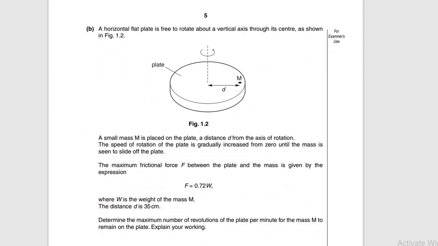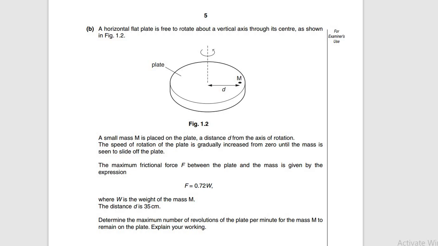We have a horizontal flat plate free to rotate about the vertical axis through its center, as shown. A small mass m is placed at a distance d. Look at the small mass.